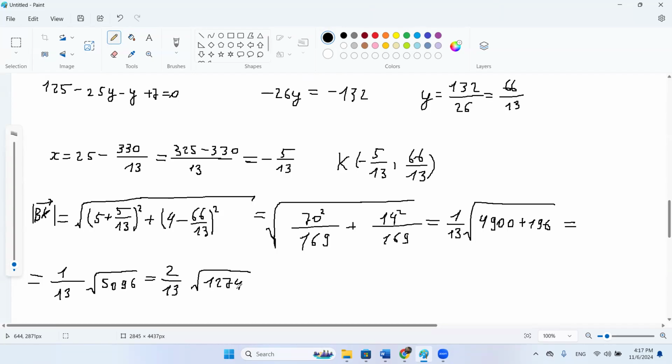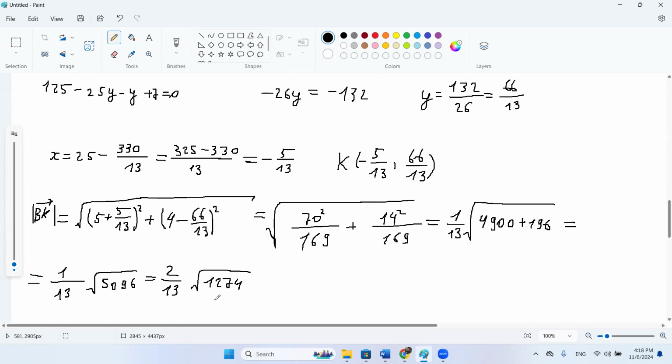Let me check if it can be divided further. It's not divisible by 4, we can see it. Then what about 9? No, it cannot be divided by 9, and it cannot be divided by 3.